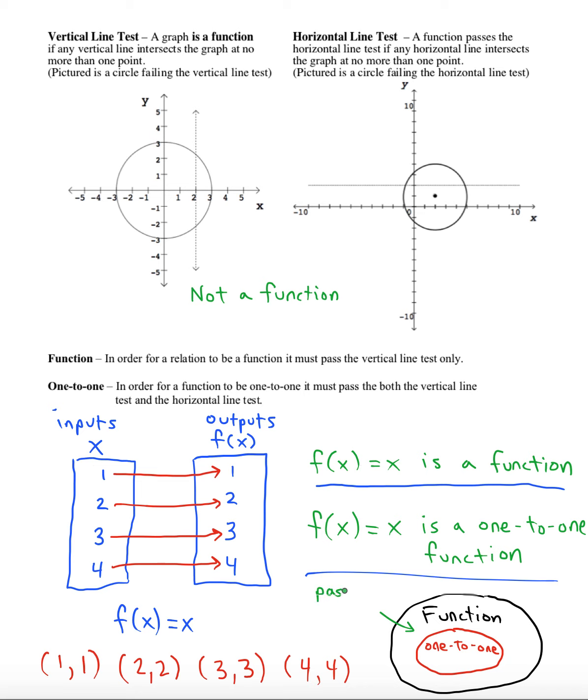You have to pass the vertical line test. Then you get to go inside the black bubble. In order to be a 1-to-1 function, though, you have to pass the horizontal line test.